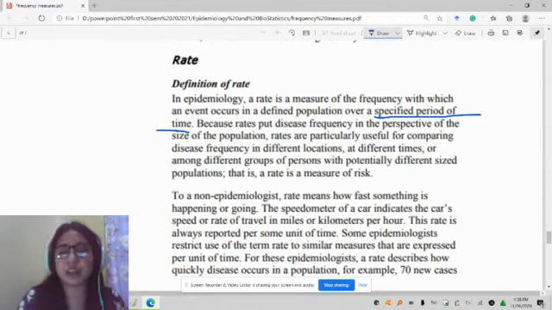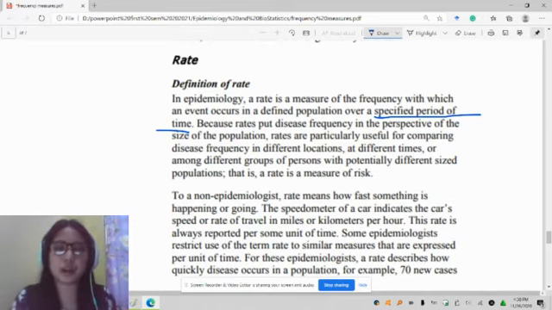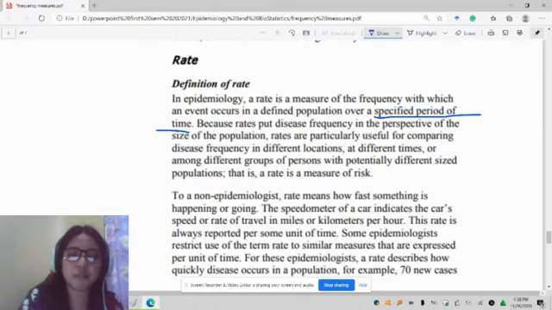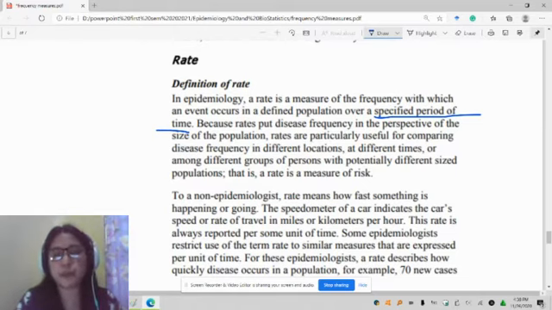And if you still recall, we also mentioned that we can use rate whenever we are considering different groups and the populations are not the same. We can compute the measure of risk by computing the rate of these different groups.